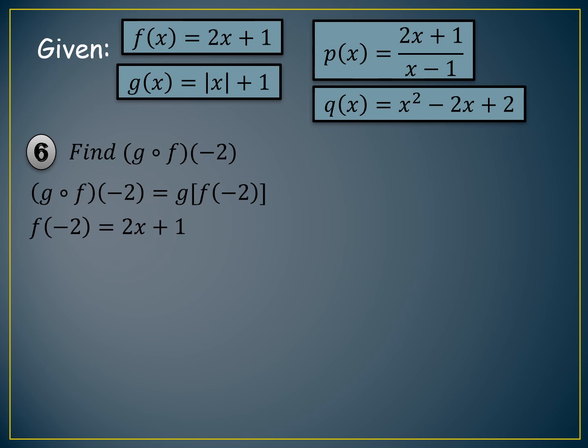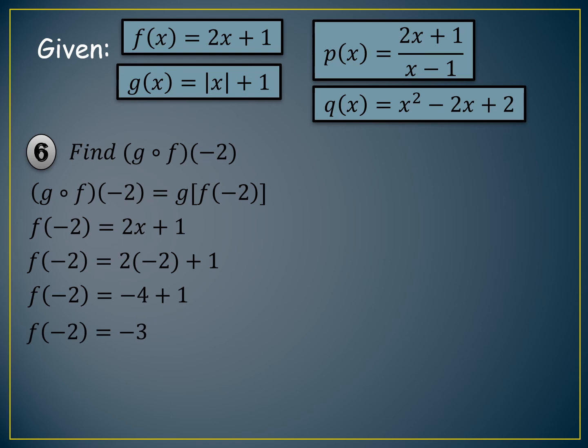Okay, so let us first solve f of negative 2. So, the equation of f is 2x plus 1. So, change it into negative 2. 2 times negative 2 plus 1. 2 times negative 2 is negative 4. Then, bring down the plus 1. Negative 4 plus 1 is equal to negative 3.